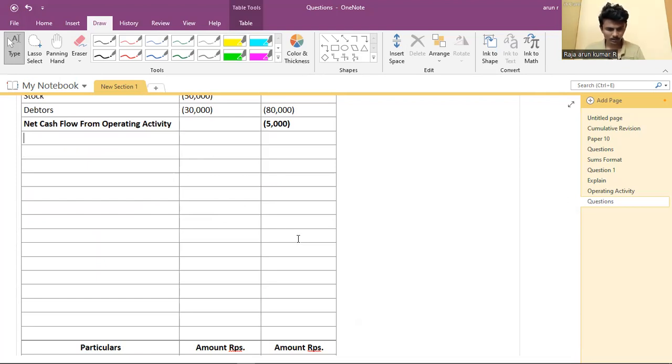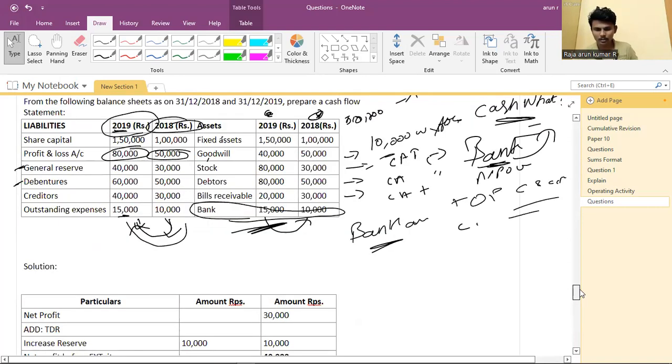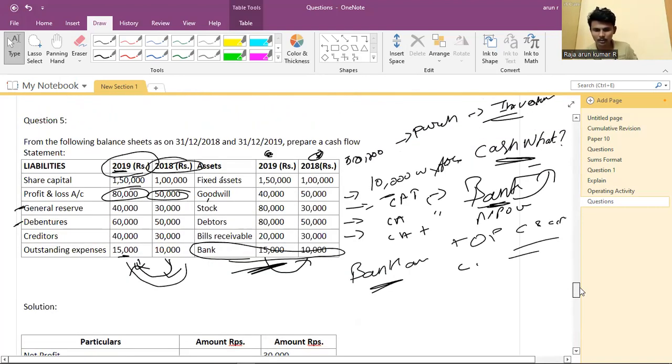Next step, what? Cash flow from investing activity. What are the things included in the investing activity? There is only one thing I tell: fixed assets come in the investing activity.